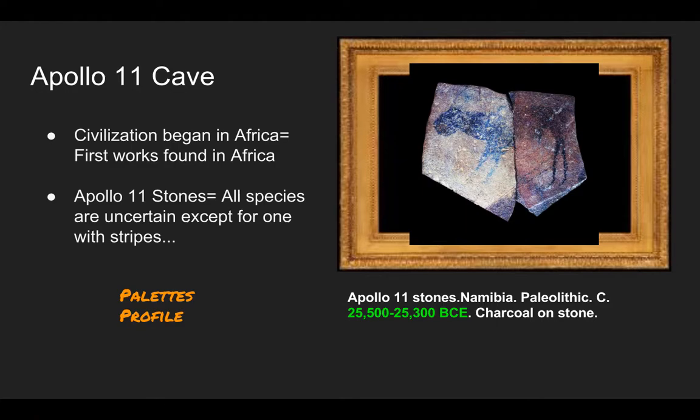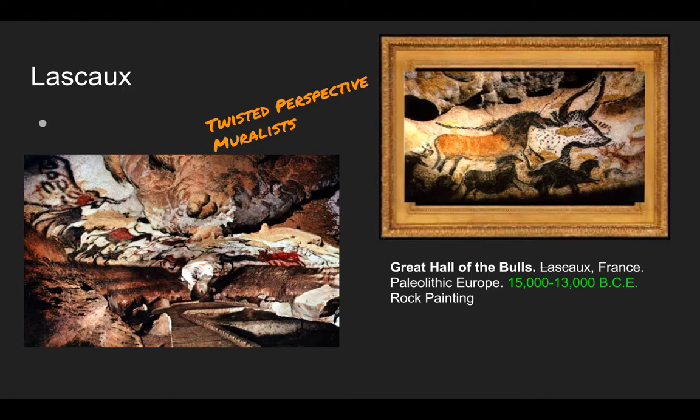Now, these stones are interesting. It's charcoal on stone. What's interesting about it is that it's the first form of portable art. So think of it as carrying around a canvas. Usually most artworks in this era were static. They were not able to move, obviously.